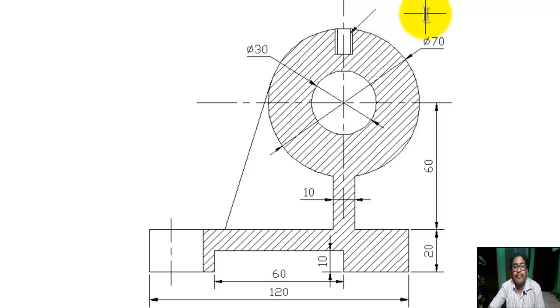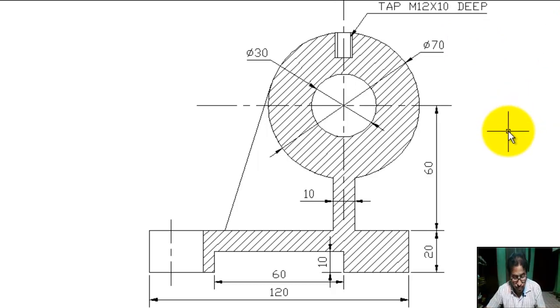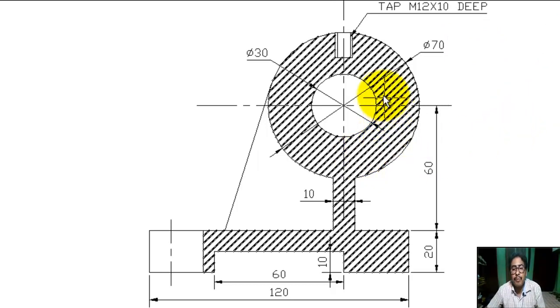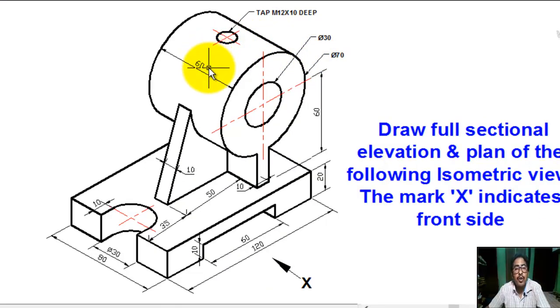Now click on this, enter, again enter, type M12 into 10 deep. Okay, now the front view is complete.